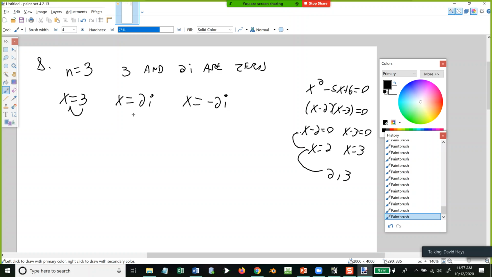So I'll do here. Take this 3 over, take this 2i over, and take this negative 2i over. So we've got x minus 3 equals 0, x minus 2i equals 0, and x plus 2i equals 0.